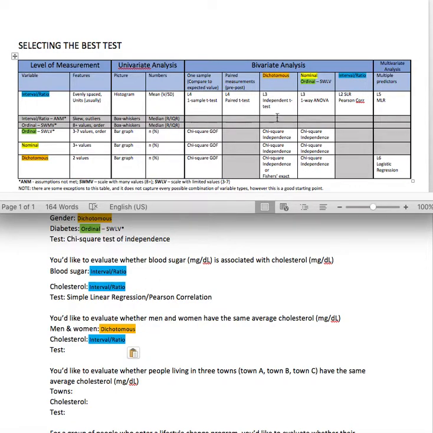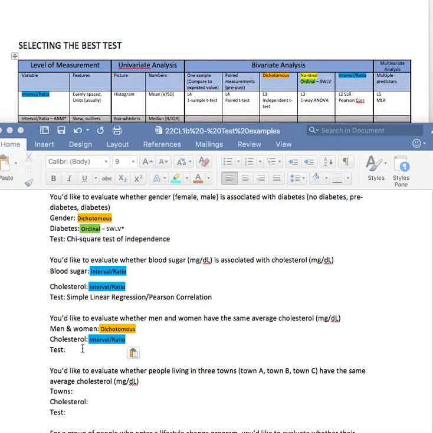So this is a dichotomous by interval ratio, and so that is going to be an independent t-test. And we'll learn more about what t-tests are and what ANOVAs are in future lessons, but for now, just knowing that that's what that's called is an independent t-test.